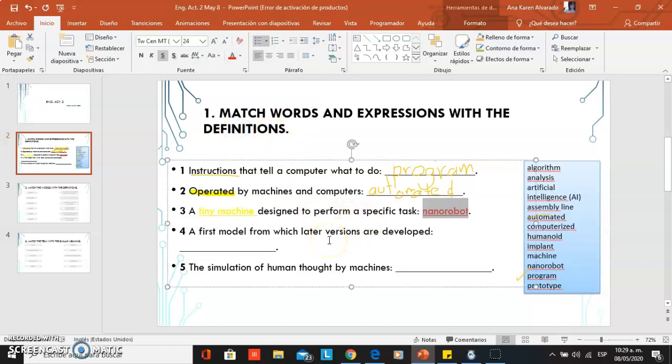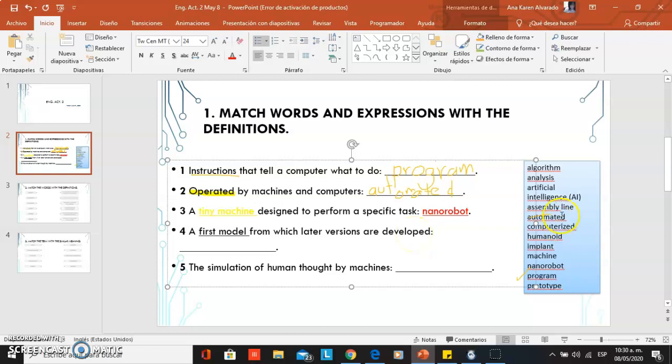Now number 4: a first model from which later versions are developed. Okay, what are the keywords here? First model, correct. A first model from which later versions are developed.